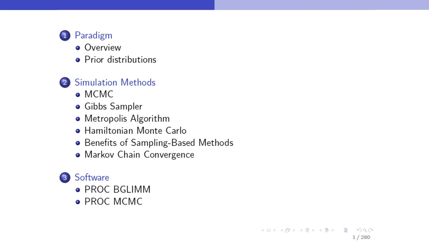And to the end, I'll introduce two SAS procedures. PROC BGLIMM is on Bayesian generalized linear mixed effects models, and PROC MCMC is a general sampling algorithm based procedure that has been out for a while, and BGLIMM is a relatively new procedure.